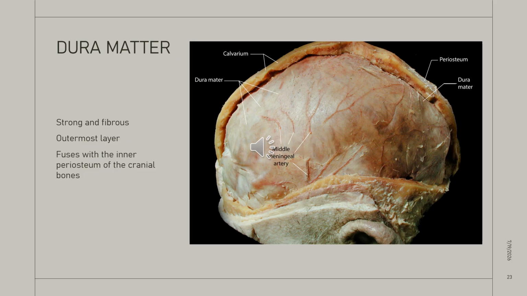This tight connection anchors the brain to the skull, keeping it from shifting around during sudden head movements. You can also see the branches of the middle meningeal artery running along the surface, which is a major blood vessel supplying the dura itself.